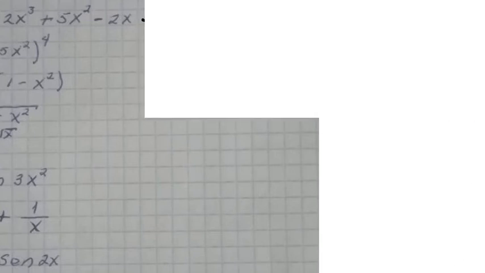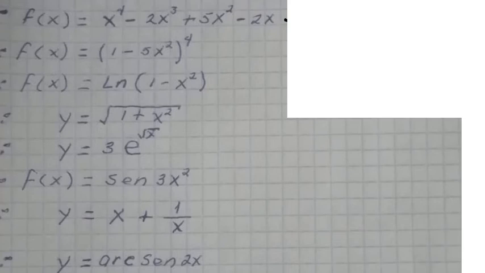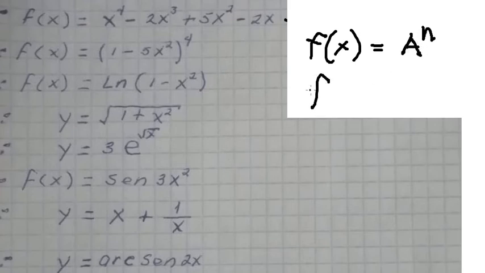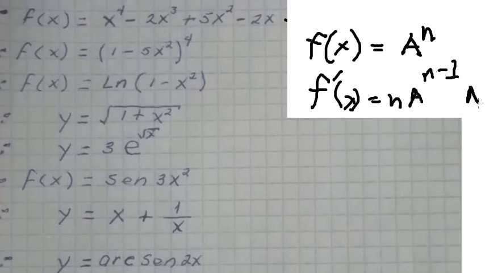Now let's go to question number 2. We have the formula in here. If we do the first derivative, you will get n to the power of n minus 1. And we continue to do the first derivative inside of a in here.